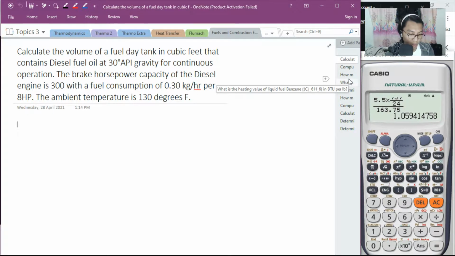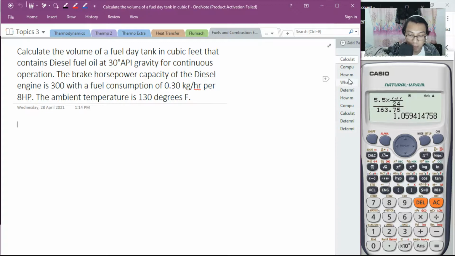So problem number 1, calculate the volume of a fuel day tank in cubic feet that contains diesel fuel oil. So this is liquid again at 30-degree API gravity for continuous operation.